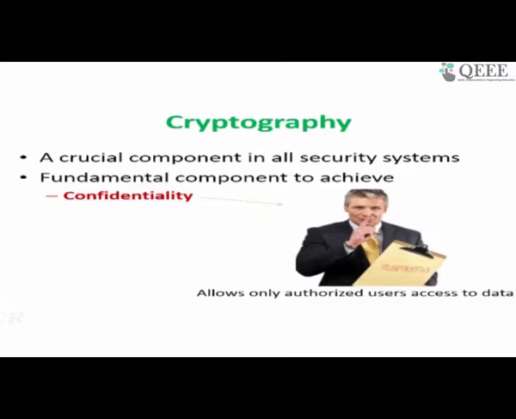One of the most important uses of cryptography is to obtain something known as confidentiality. What this means is that suppose we have a particular document or letter or maybe a photograph or image or some digital data, and you want to ensure that this digital data is only viewed by people who are authorized to view it.